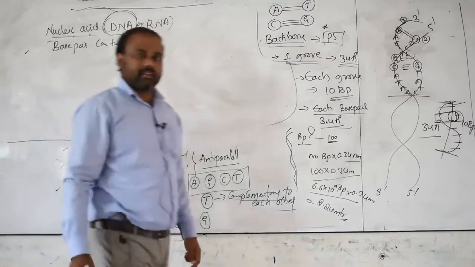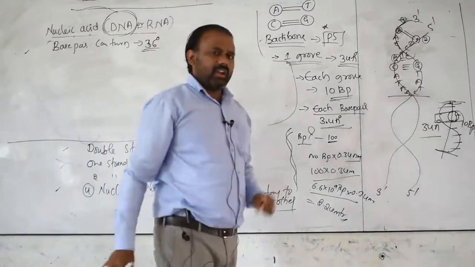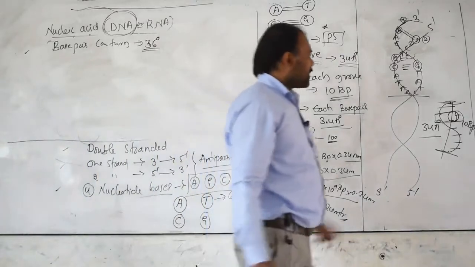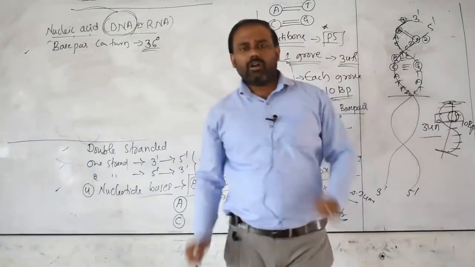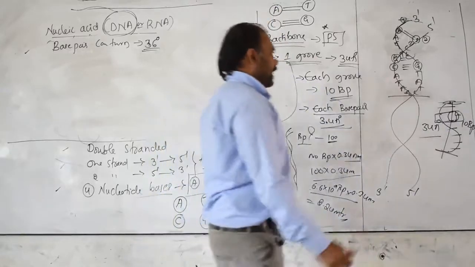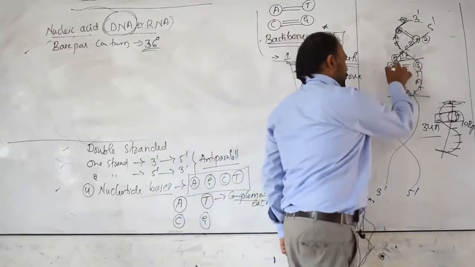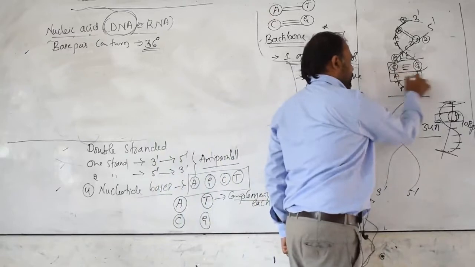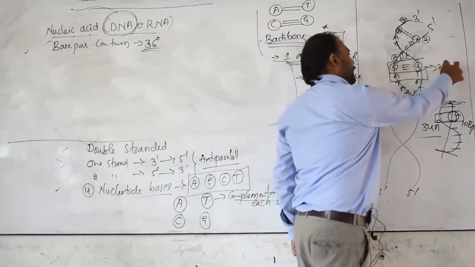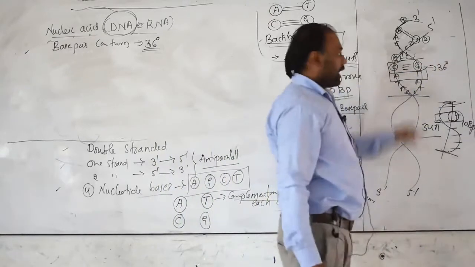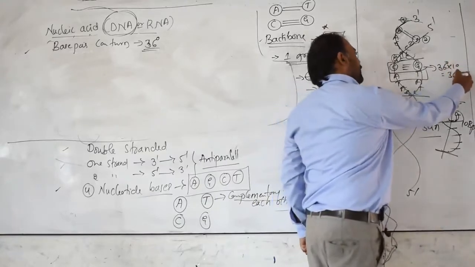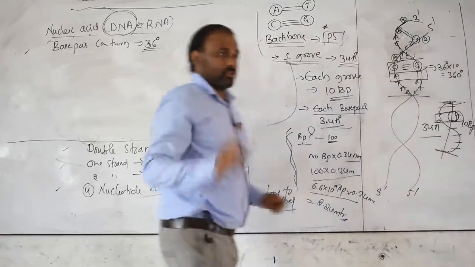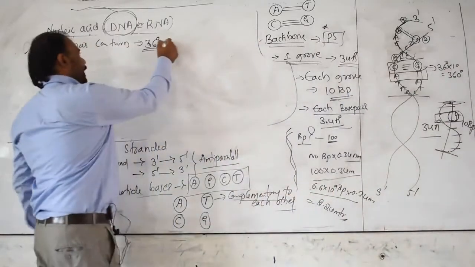Each turn can turn 36 degrees. Now simply you can calculate how much each groove can turn. From this one to this one, it can turn 36 degrees, which means there are 10 base pairs, so 36 into 10 is equal to 360 degrees.